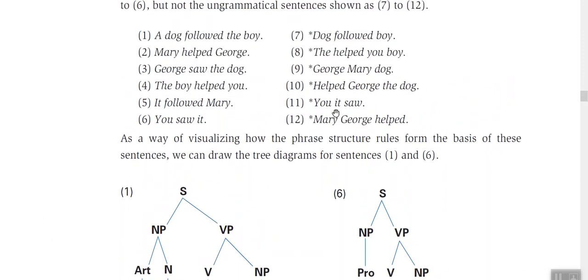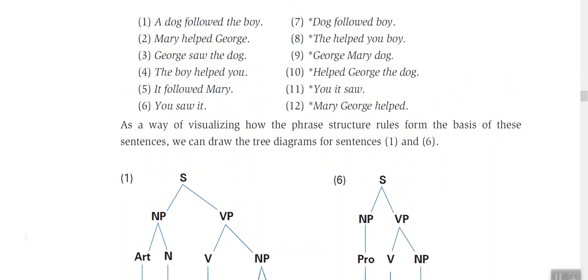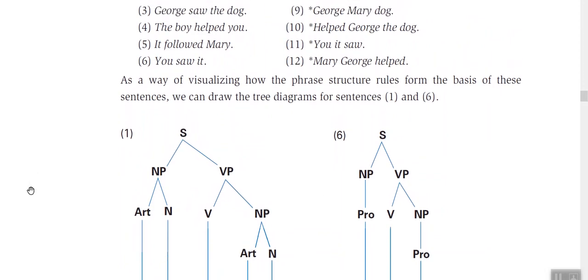If we want to make this dog followed boy, for example, dog followed boy, we can say sentence, noun phrase, verb phrase. But here dog, where is the article? If we say article noun, there is no article.